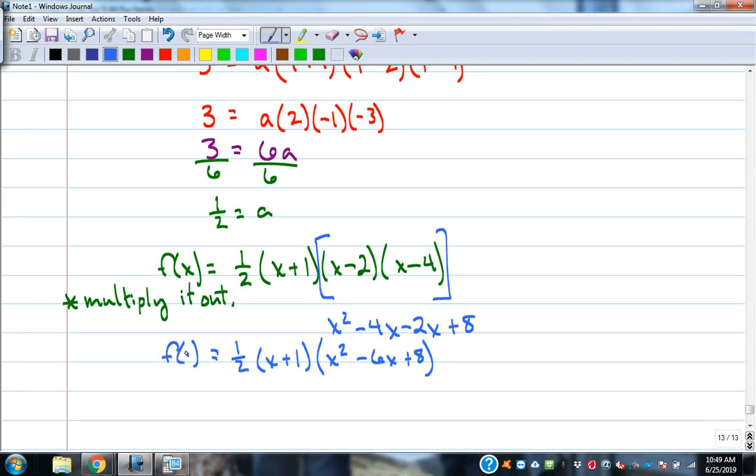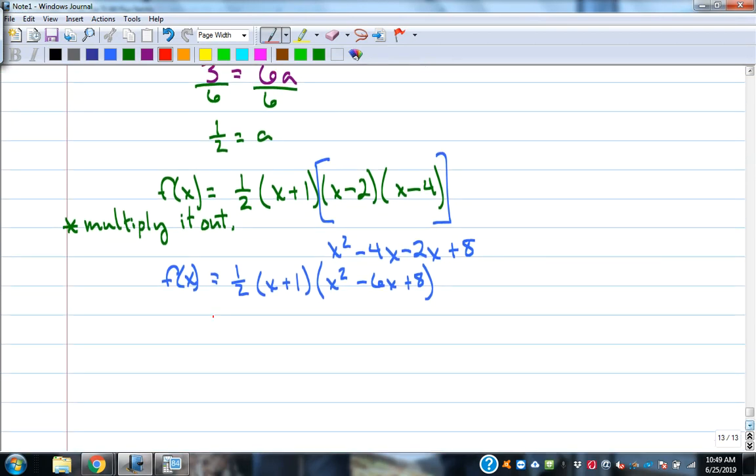Okay, that's the very last step. So I'm going to multiply out x plus 1 times this x squared minus 6x plus 8.